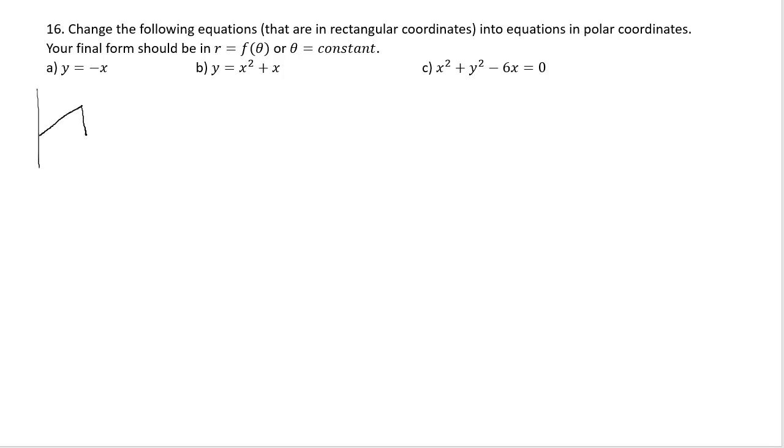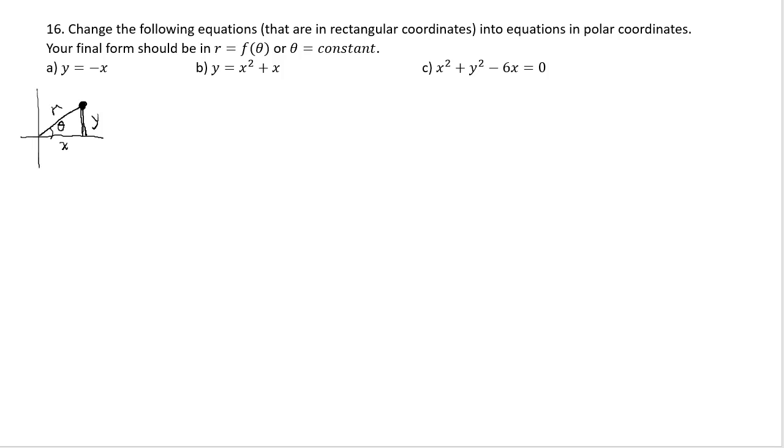If you have something in rectangular, then your x-coordinate is this length. So for this point, your x-coordinate is this length, and your y-coordinate is this length, right? And if you try to express this point in terms of r and theta, r is this distance, and theta is this angle. That's what the definition is, right?